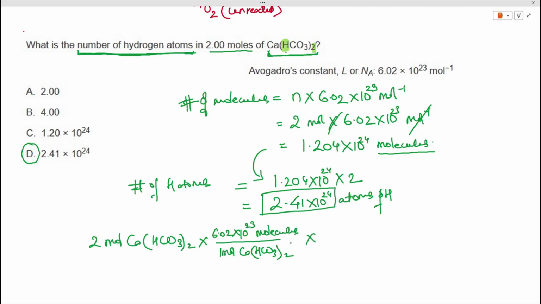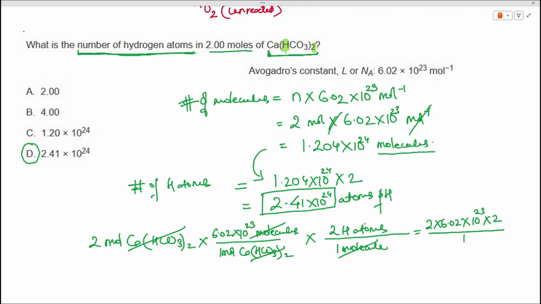And then because we want to get rid of the molecules, we would say that 1 molecule of calcium hydrogen carbonate has 2 hydrogen atoms. So here moles and moles get cancelled, molecules and molecules get cancelled. So you have 2 times 6.02 times 10 to the power of 23 times 2 divided by 1.